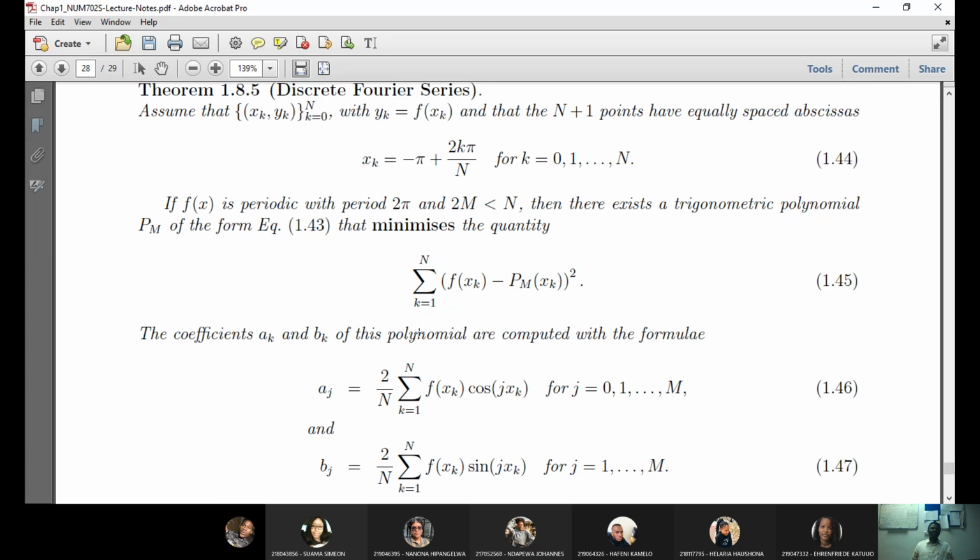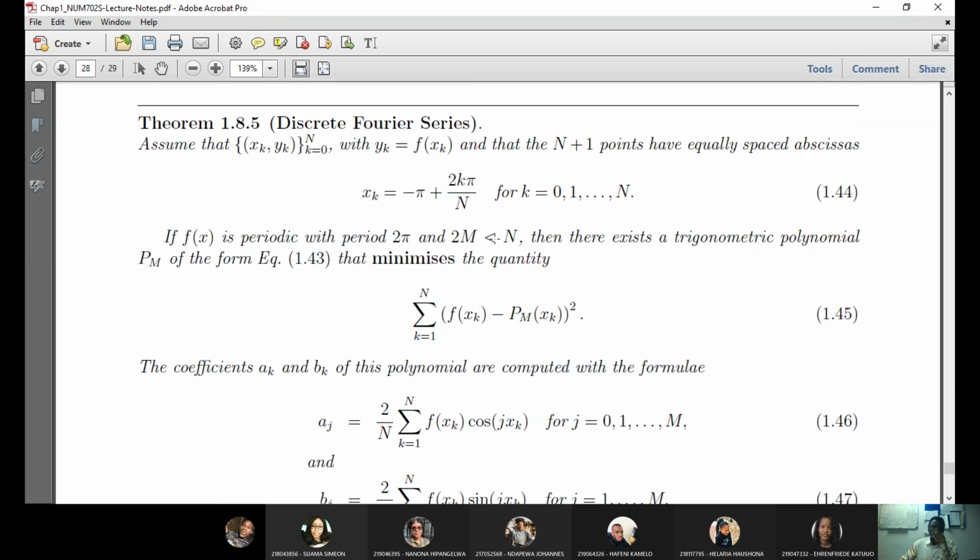Okay, now let's look at the theorem and extract meaningful information. You see that for the discrete Fourier series that we are using, the abscissas, the x_k's, are given by this particular formula.